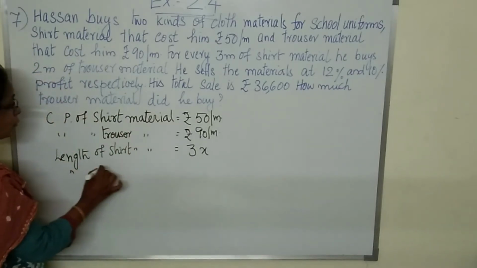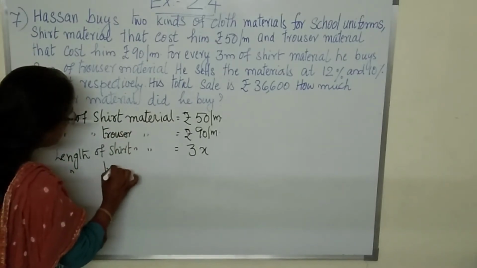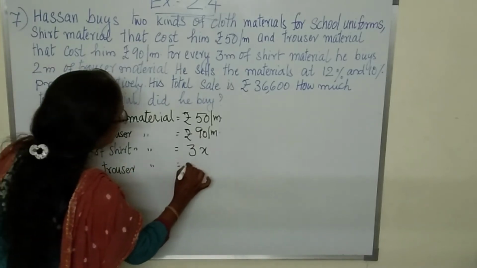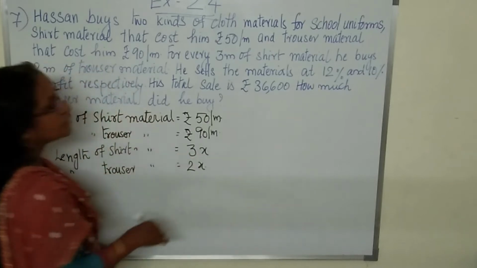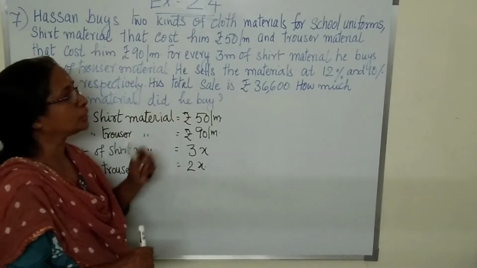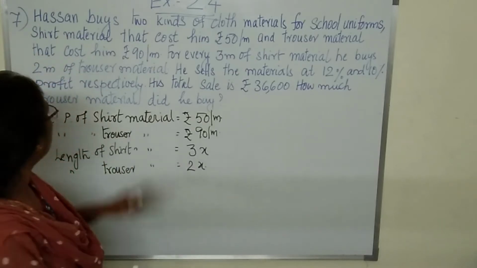So the length of shirt material is 3x, and the length of trouser material is 2x. So this is the cost and the length of the cloth. Now what is the other condition given?